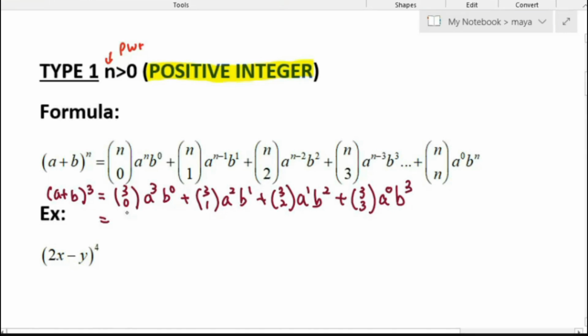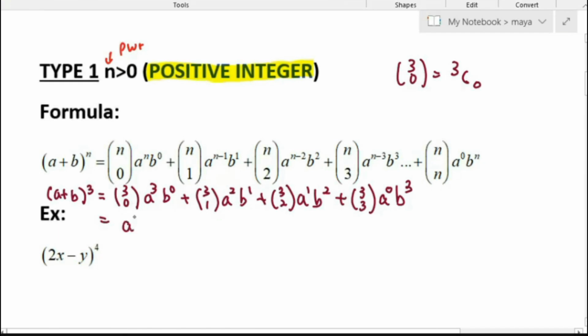Bracket 3, 0. This is your concept of combination and permutation that you learned last time, 3P0, 3C0. So you press your calculator 3C0, it equals 1, correct?